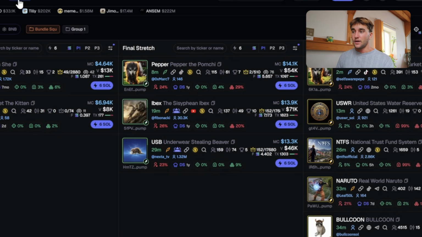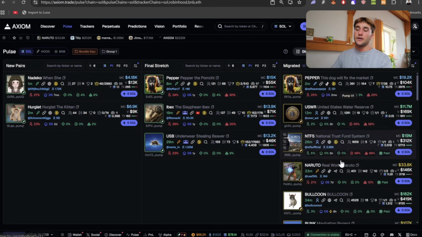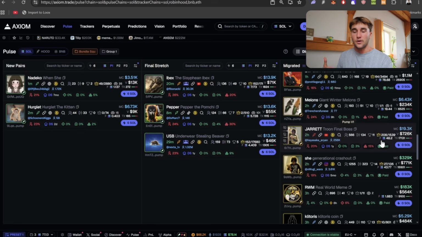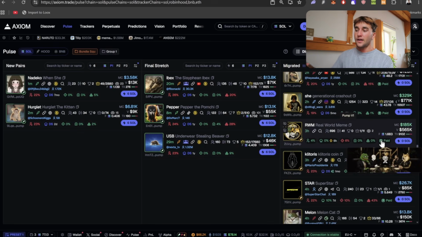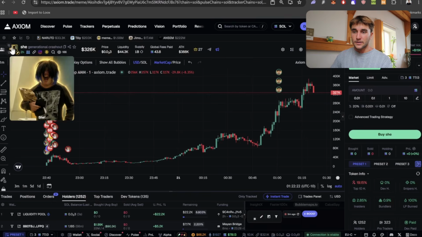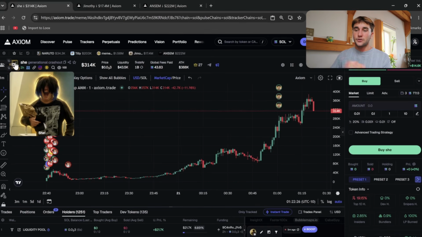Now, this is actually how I get my biggest plays, by looking at the migrated coins, looking at the dead ones, or even the ones that are still getting motion, but I just feel personally that they are overvalued currently, but I think they'll go down and then eventually go back up. So we even have this one, generational crash out.